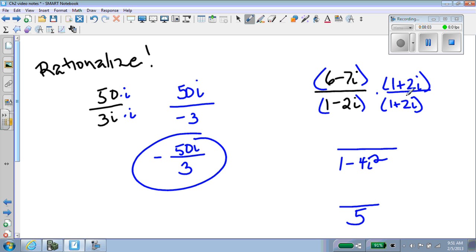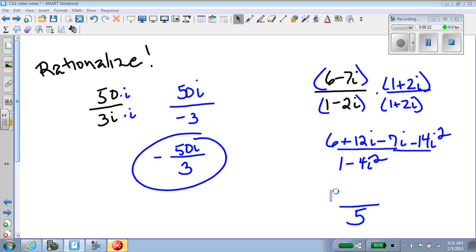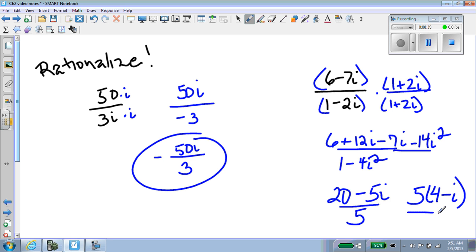In the numerator, I've got a small FOIL problem, so I've got 6 plus 12i minus 7i minus 14i squared. So 6 plus 14, 20. Sorry, 20. 12i minus 7i, so minus 5i. My binomial numerator, I could factor out a 5 and get 4 minus i over 5, and the 5's will cancel. So my answer to this is 4 minus i.